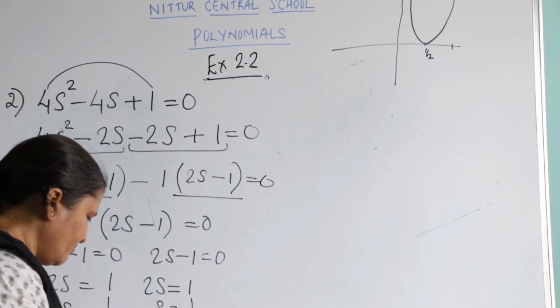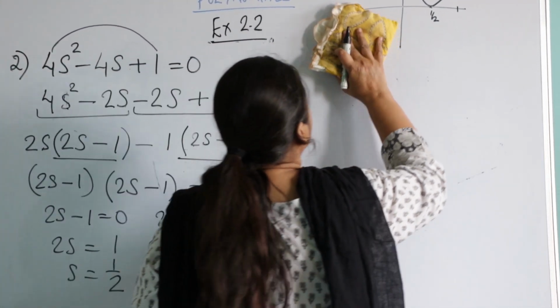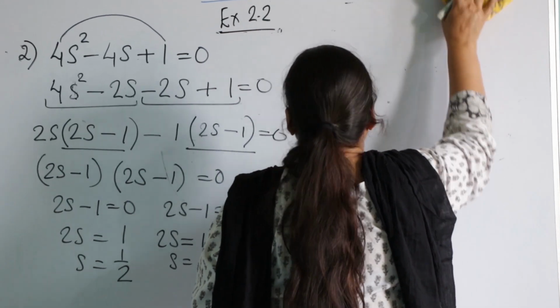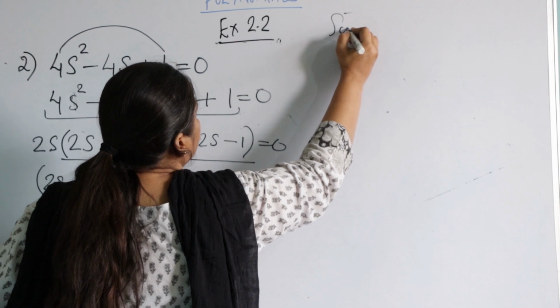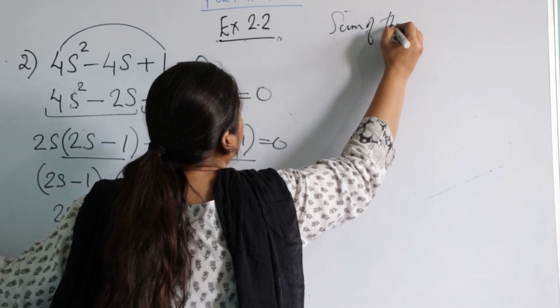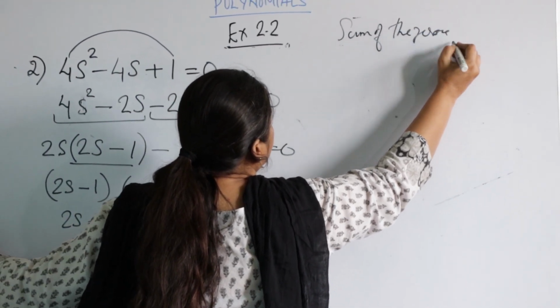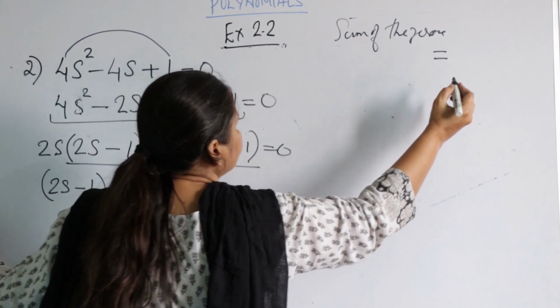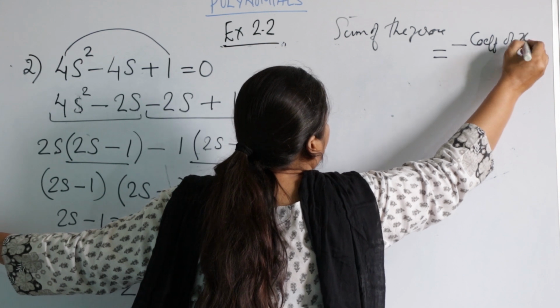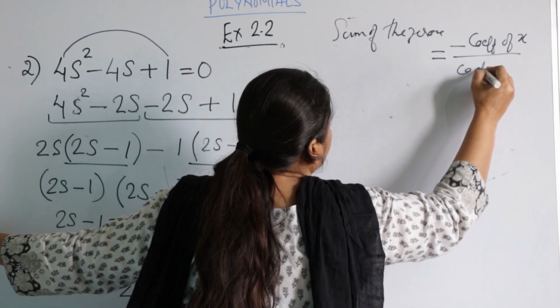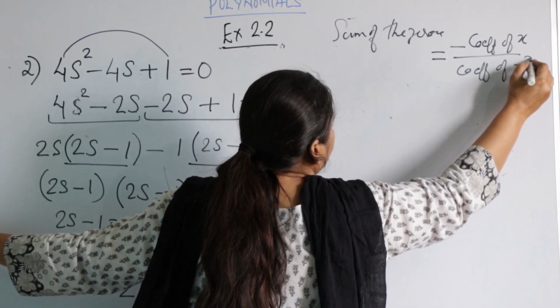So now let us verify the relationship between the coefficients and the zeros. Let us take first, sum of the zeros is equal to minus coefficient of x divided by coefficient of x square.